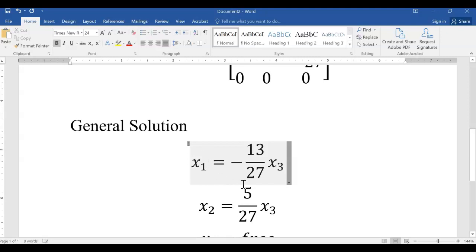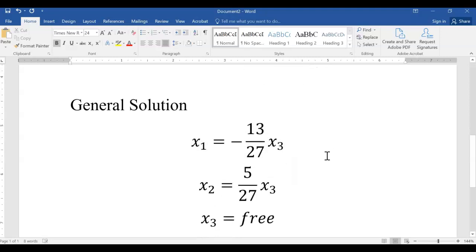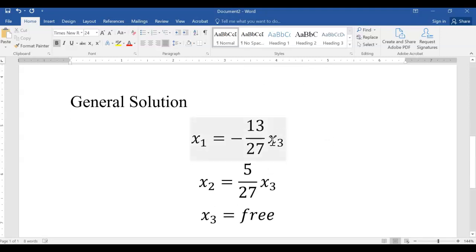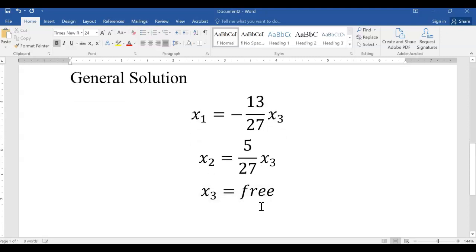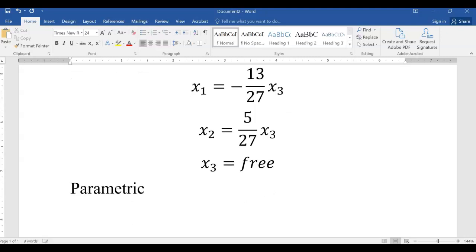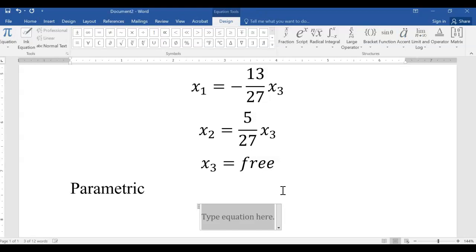I basically just subtracted 13/27 times x3 from both sides. And then I can add 5/27 times x3 to both sides. So the general solution looks like this. What does that mean the parametric solution would look like? So all of our solutions are going to be taking on this form.